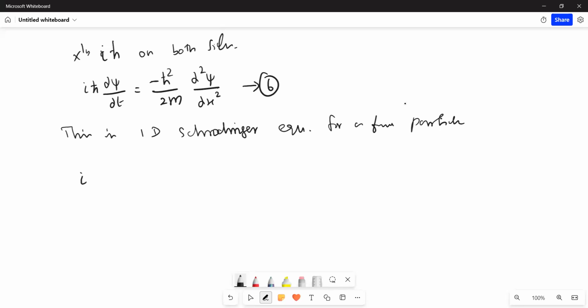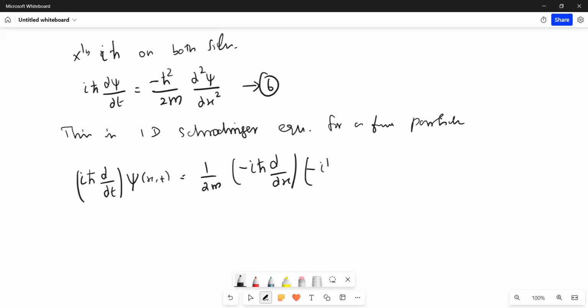Please see my writing here. i h cross del by del t into psi of x comma t is equivalent to, and here you take the 1 by 2m separately, and the remaining steps, minus i h cross del by del x. Take it separately again as minus i h cross del by del x, then psi of x comma t.